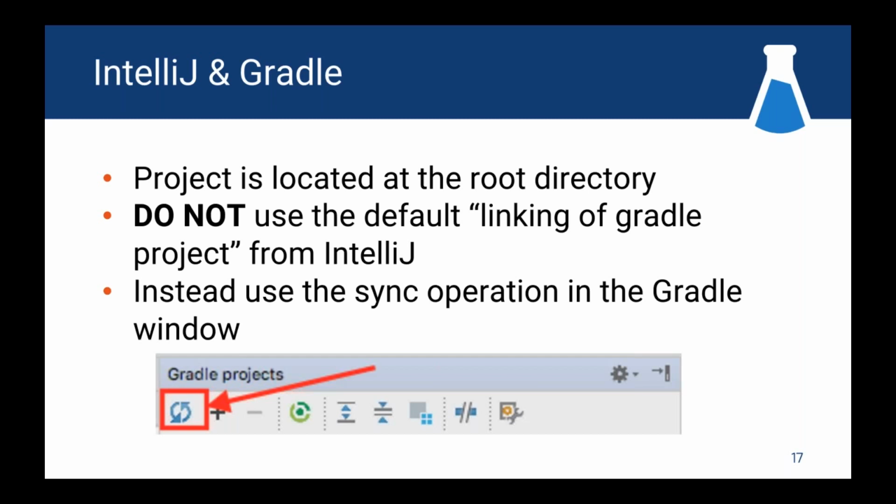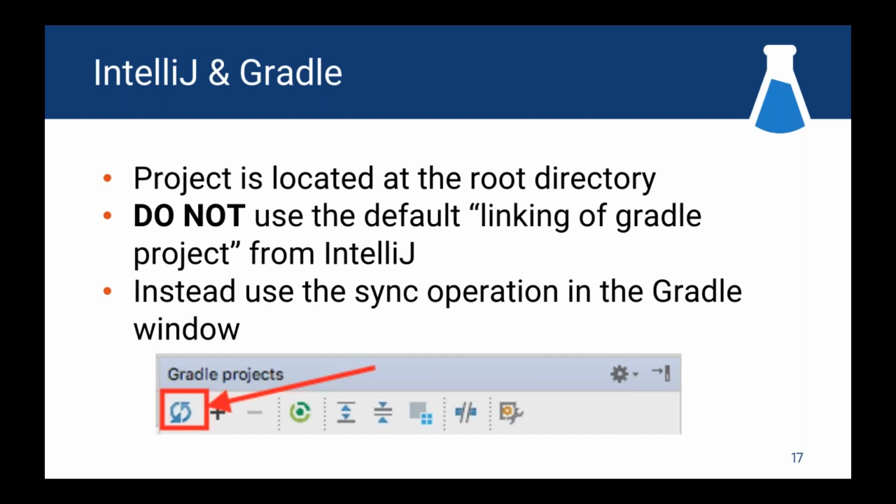When you do that, Intellij may pop up a message that says, hey, I see you've got a build.gradle file. Do you want me to do the link of that Gradle project? And the answer should be no. The default behavior for that, at least currently, is not what we need.